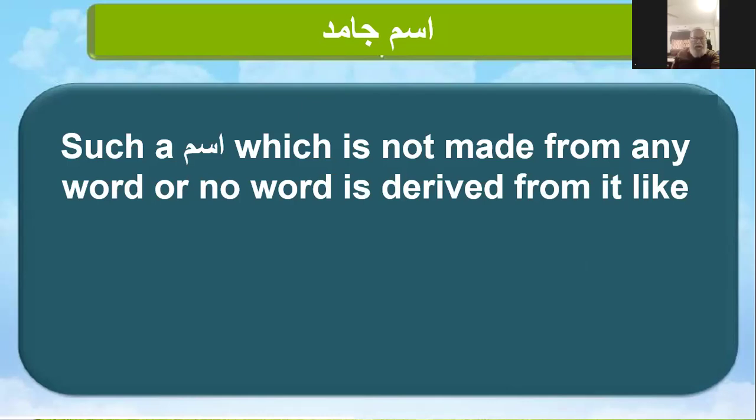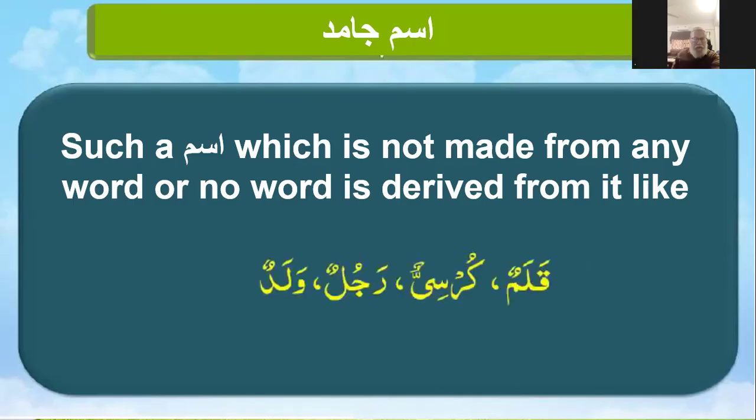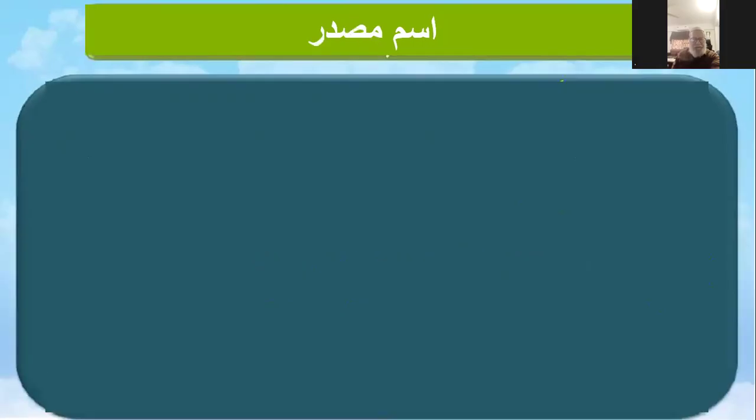So the ismi jamid is such an ism which is not made from any word, and no word is derived from it, like kalmun, kursiyun, rajulun, waladun. Nothing is derived from them, and they are not derived from anything. They are just names.